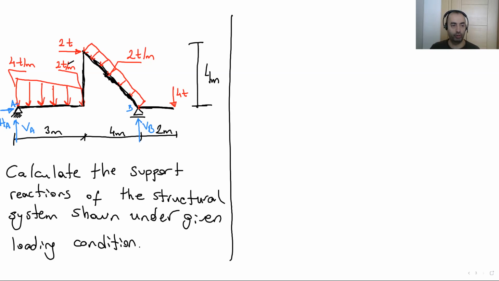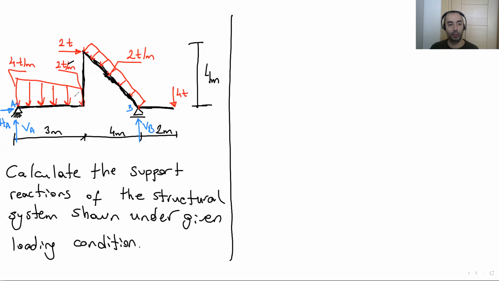Okay, let's have a look at the first one. How do we convert trapeze loading to concentrated load? Do you have an idea? Remember, if we calculate the area of this distributed load, we get the magnitude of the concentrated load.